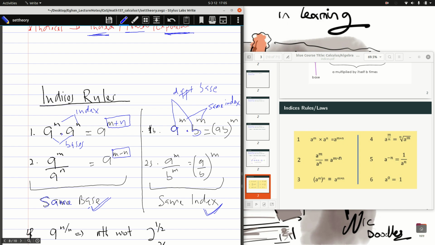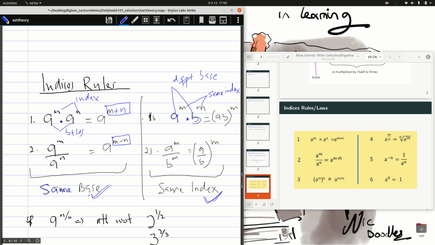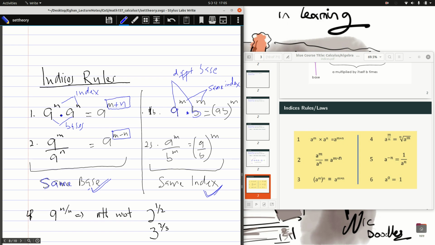So multiplication for same base, multiplication for same index. See the differences here for me. In the same way, if the bases are different but the indexes are the same, to the power m, to the power m, what I can do is put these two bases together and then raise it to one power m. I hope the difference is clear.